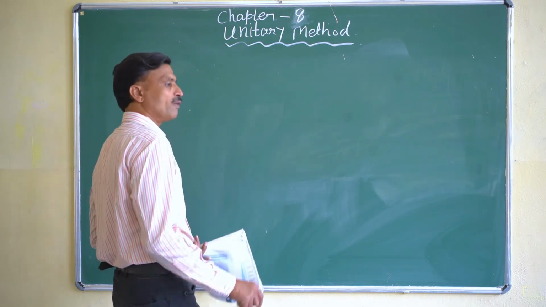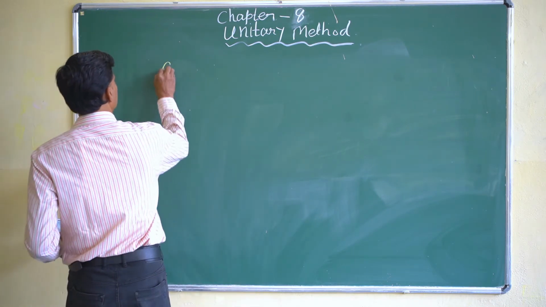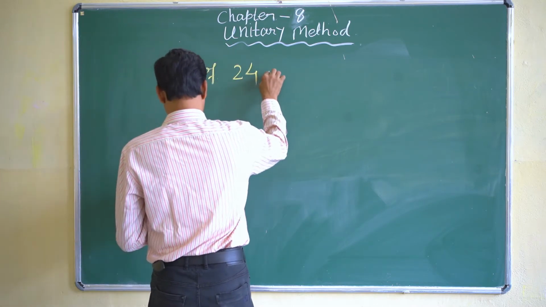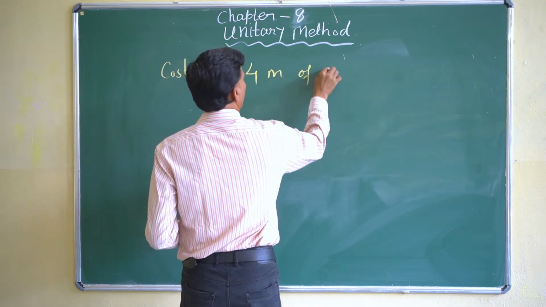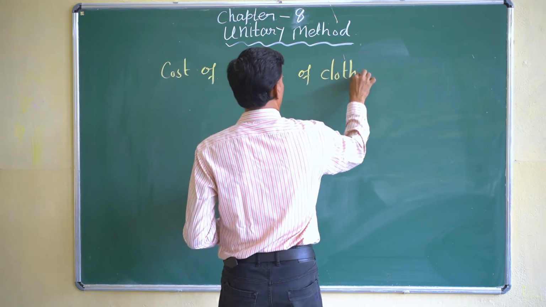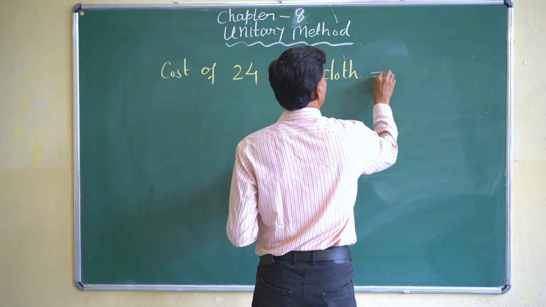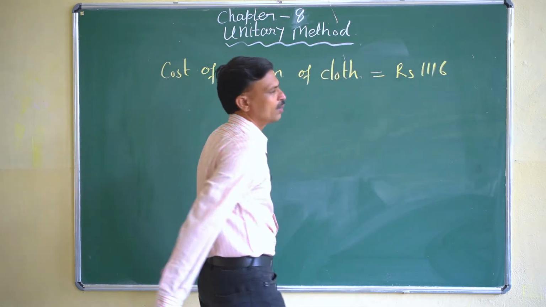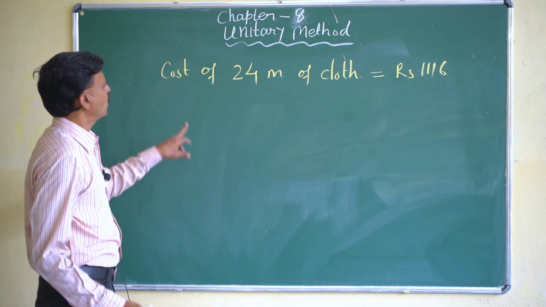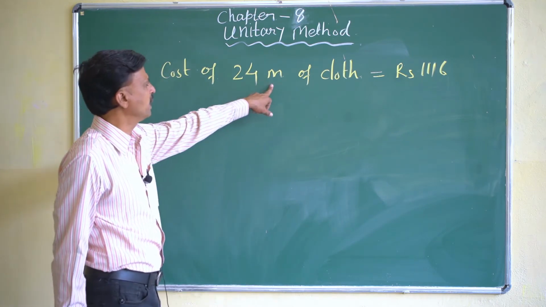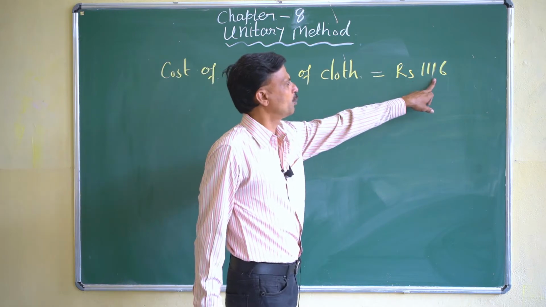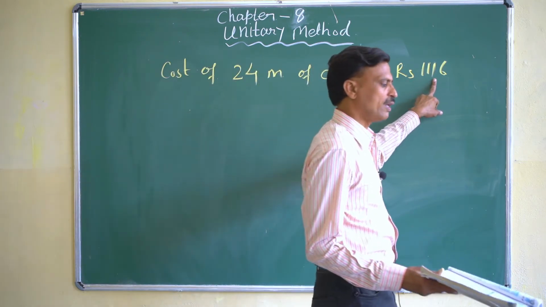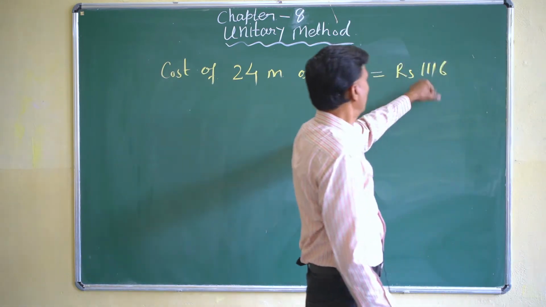So the cost of 24 meters of cloth is equal to rupees 1116. We have to find out the cost of 72 meters of cloth.